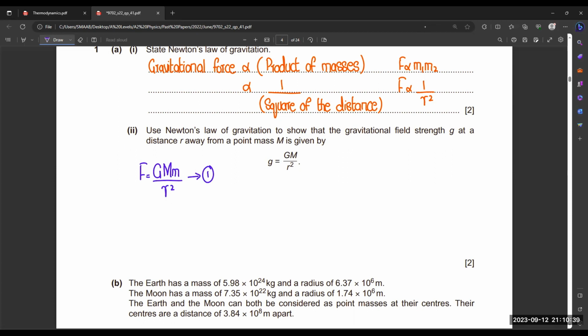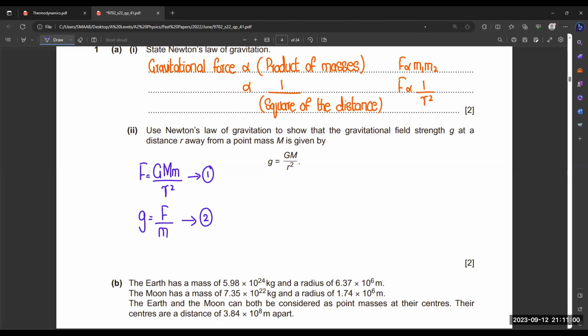And we know that the value of gravitational field strength is F over m. This is the definition of gravitational field strength, force acting per unit mass on a body.